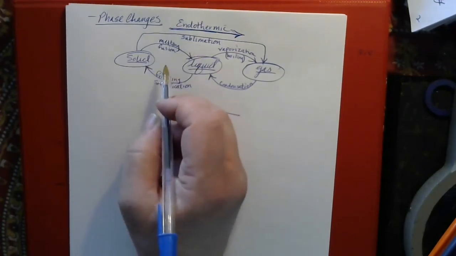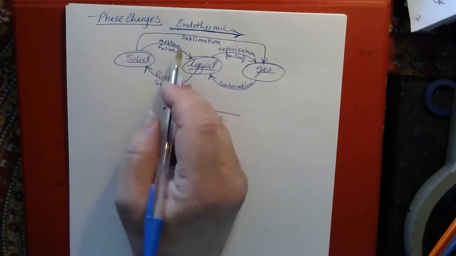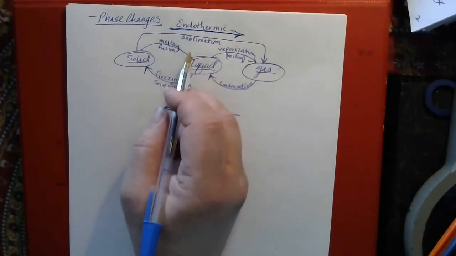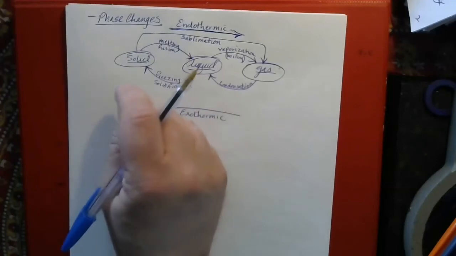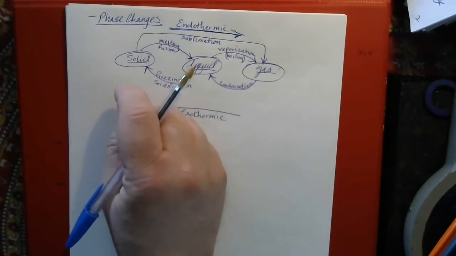Actually, regular everyday water-based ice sublimates to some extent. If you try to maintain ice in your ice trays in your freezer, you may notice that you have to keep filling up the ice tray every so often, even if you don't use the ice cubes, because the ice cubes keep shrinking on you.